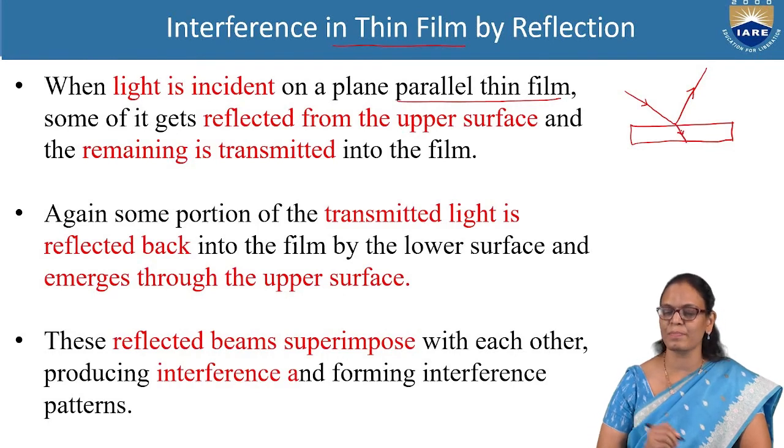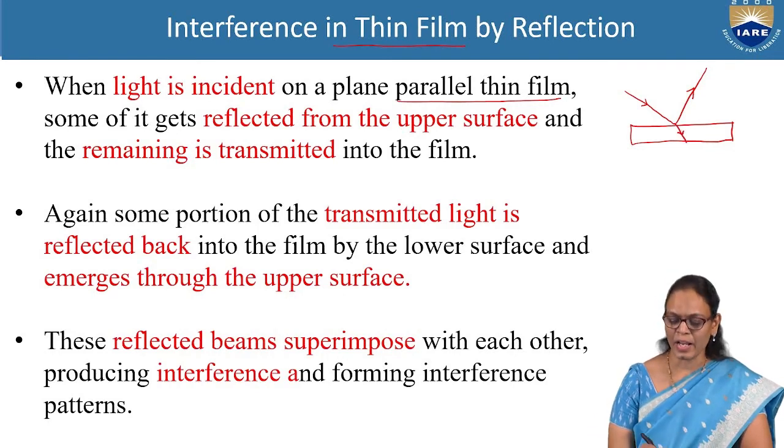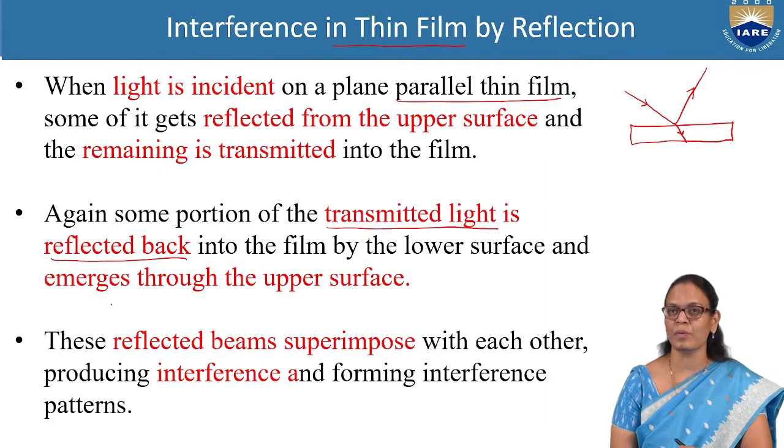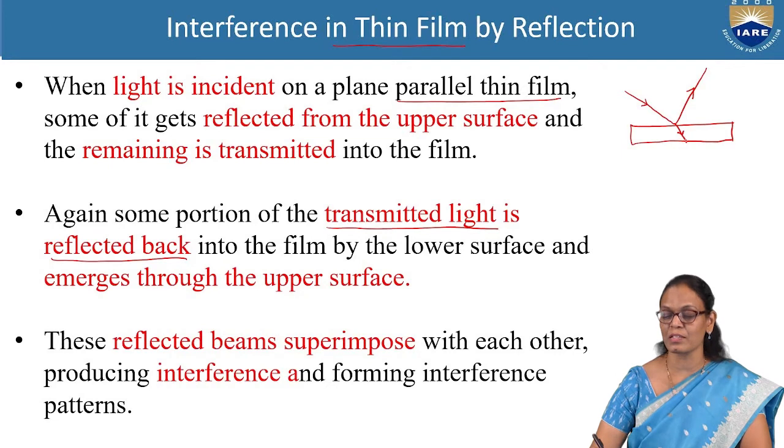Again, some portion of the transmitted light, which goes into the other medium or the glass slab, is reflected back by the lower surface and emerges through the upper surface.